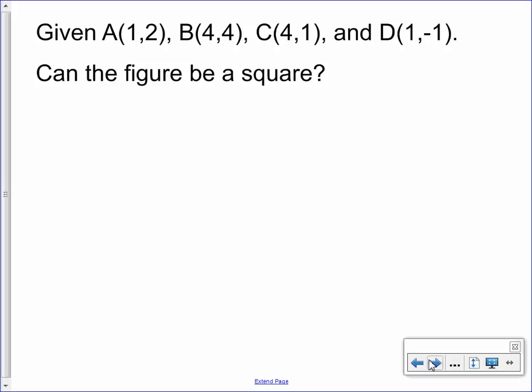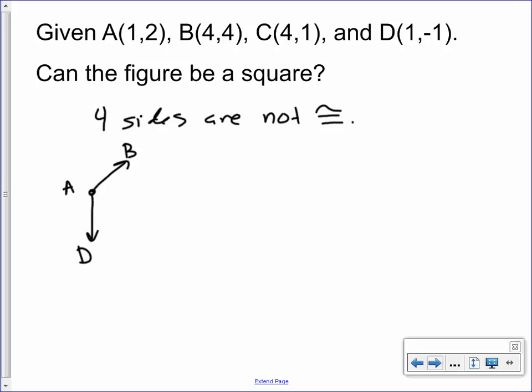Can it be a square? Well, we just learned that the four sides are not congruent, so obviously it's not a square, but just checking on the angles, just check one of the two sides. For example, A to B to D, how can I check to see that this is 90? Dot product.